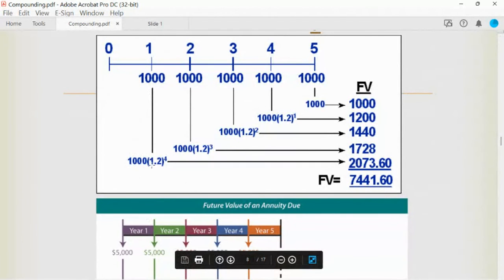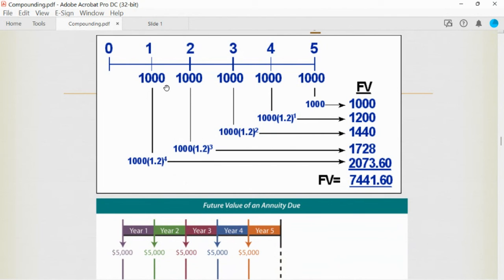The first $1,000 deposit will earn interest, if the interest rate is 20% a year, 1.2 raised to 4, because it's compounded 4 times, 4 years. Second deposit will be compounded 3 times. Third deposit will be compounded 2 times.